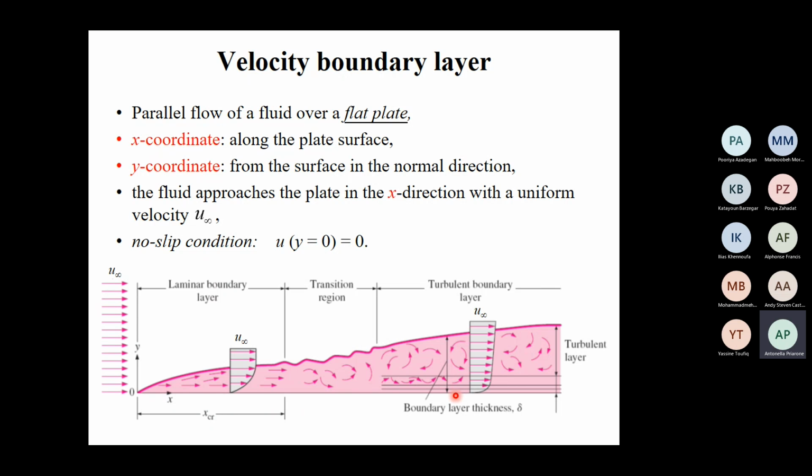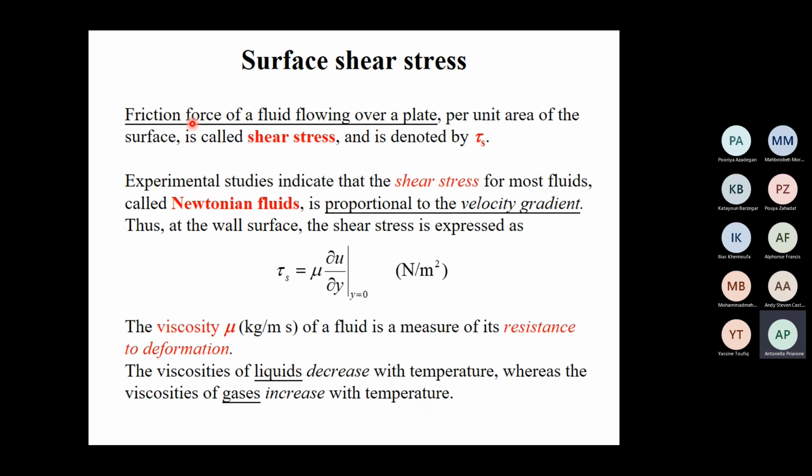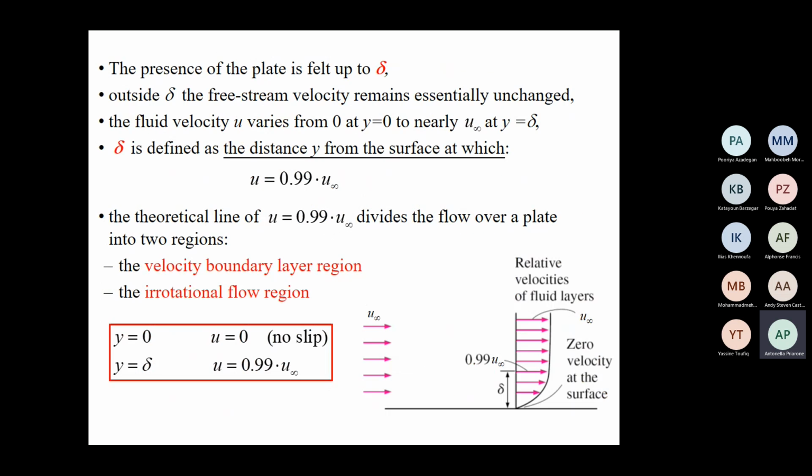How to quantify this thickness of a boundary layer? The boundary layer is a zone, this pink zone near to the plate. How to quantify this zone? I introduce the parameter thickness of a boundary layer. Wait, because PowerPoint does not respond. Okay, wait.